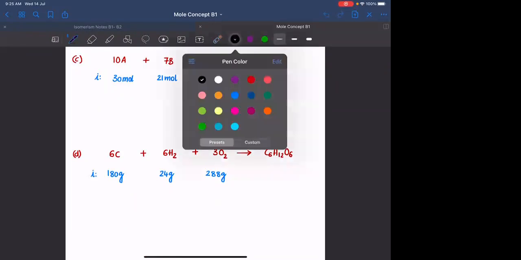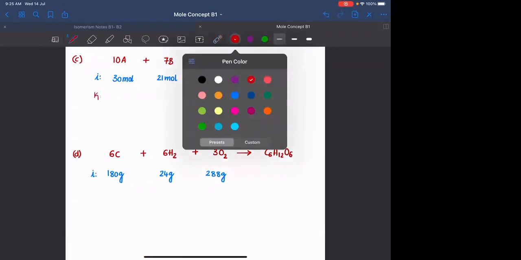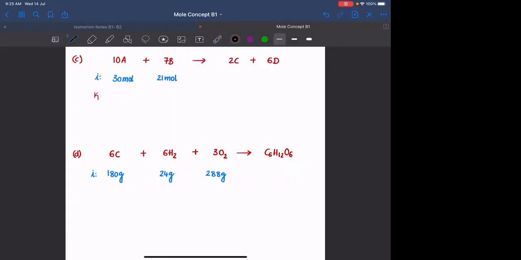In this particular question, if I calculate the value of K, what will K be equal to? For this, it is 30 upon 10, which equals 3. For this, 21 upon 7, which is again equal to 3. Both the K's are the same. What does that mean?